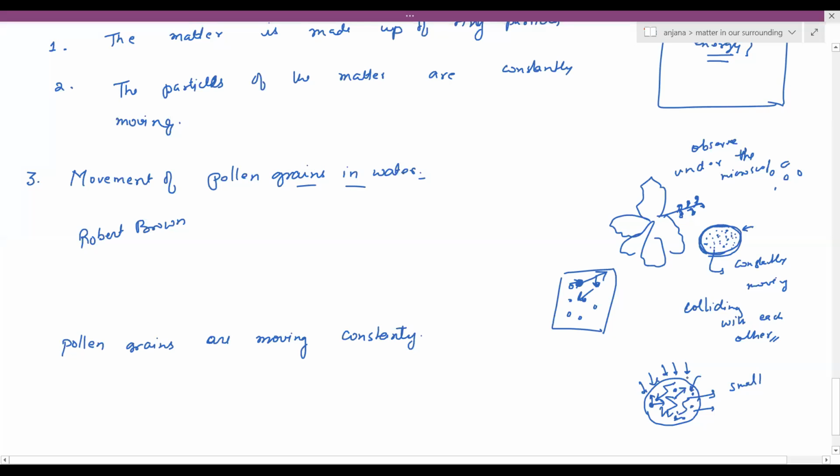You can observe them under the microscope, which is also evidence that the water molecules are constantly moving. The particles are very small, but you can still see them.